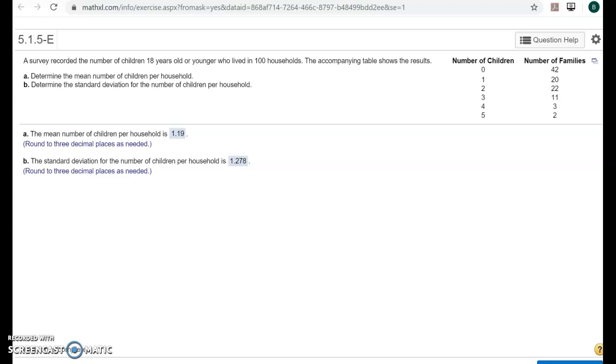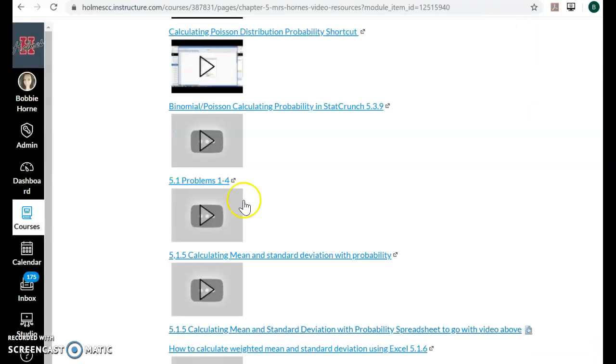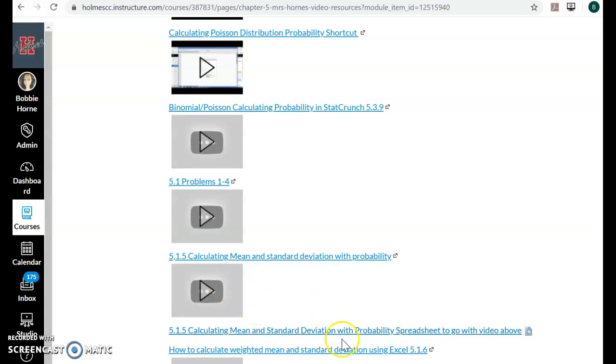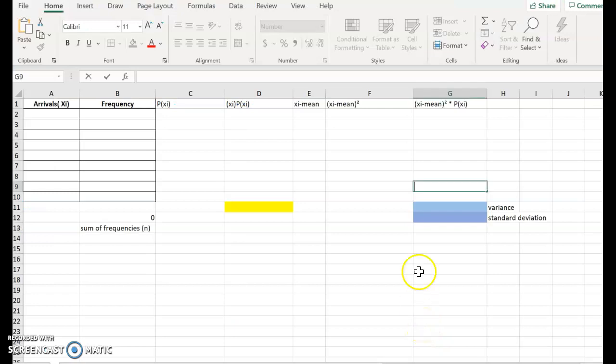Okay, I'm going to show you how to use Excel to do this, because in this particular problem they're wanting you to do Excel. If you go into chapter 5 resources and click on this right here, this is the actual spreadsheet that goes with my video where you can practice it with me.